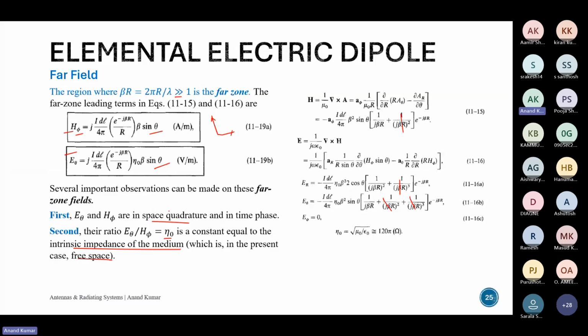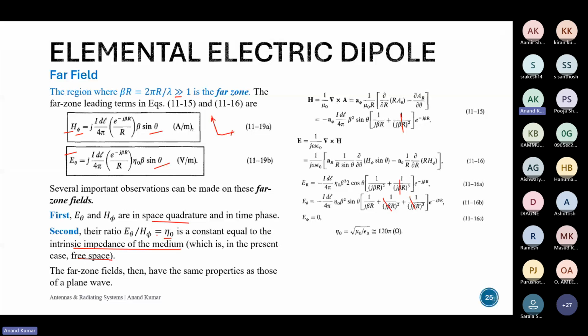So this is the second observation. Also, if you look at these equations, the electric field and magnetic field equations resemble those of a plane wave. You have a distance before which you call the near field, and after which the far field.